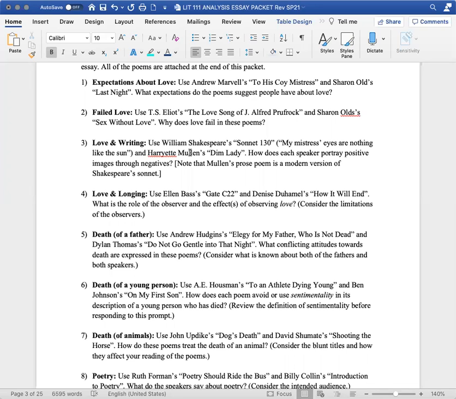So I want you to think about, not in a sexist way, but in general, there's more than one person. So there's the speaker in each poem, but there's also the person who they're with. So based on those 2 poems, what do they suggest that people in general expect when it comes to love? All right, that's what the question is asking you.